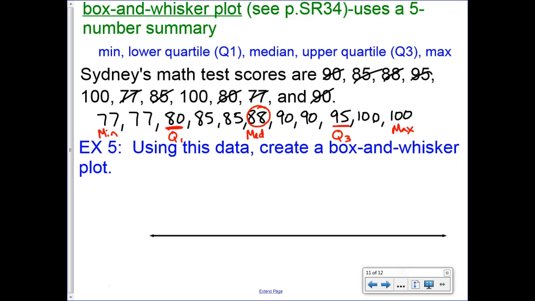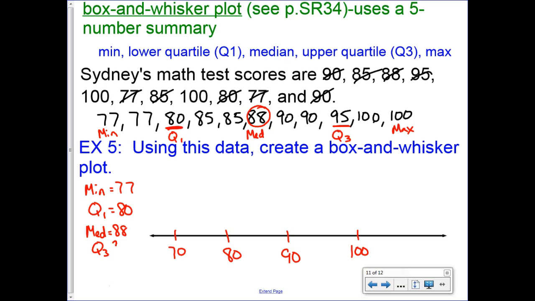So then I know that I'm going basically from 70 to 100. So if we need to write it out, minimum would be 77, Q1 would be 80, median would be 88, Q3 would be 95, and maximum would be 100. Okay, so I'm going to put a dot at 77.